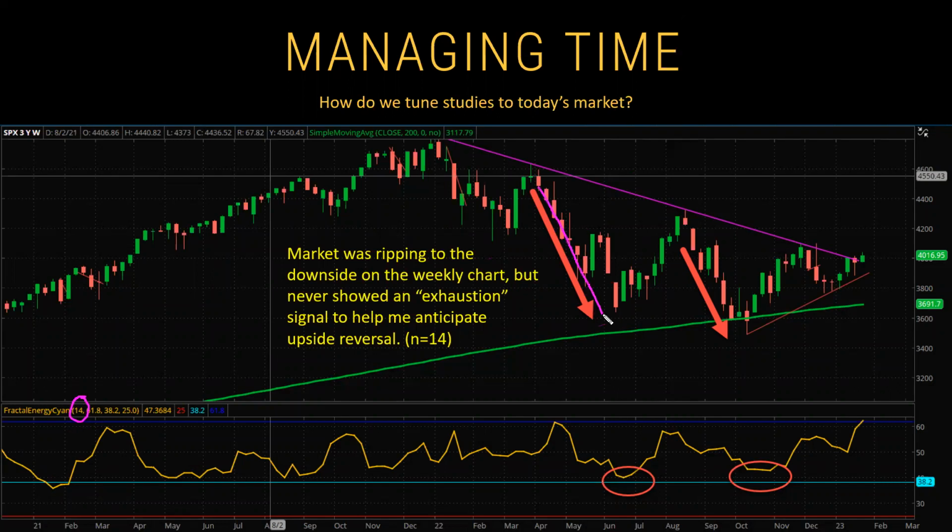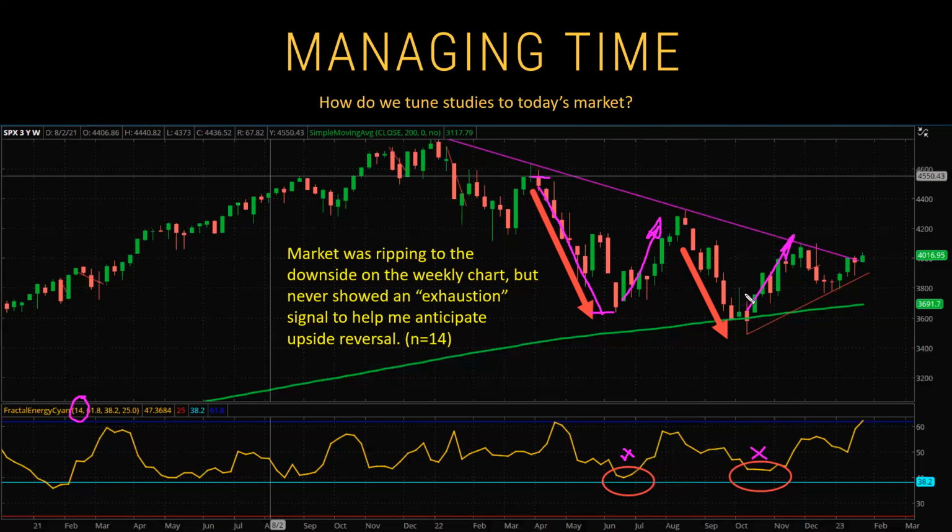The market was ripping. These are weekly swings. I mean, we're losing hundreds of points. But at no time did I ever get into an exhaustion signal here. Now that's important because if I see a weekly swing that gets exhausted, I'm expecting to see a counter trend rally from there as a corrective pattern, believe it or not, from the opposite trend.